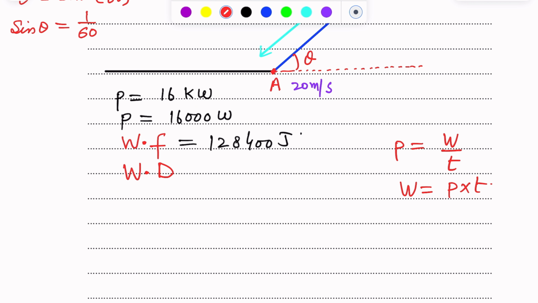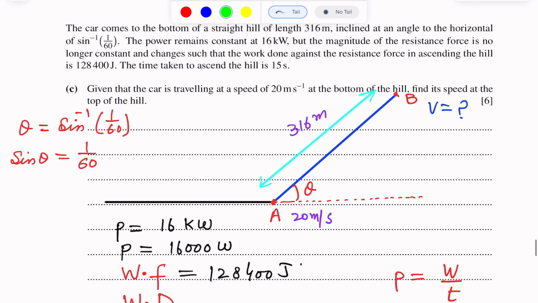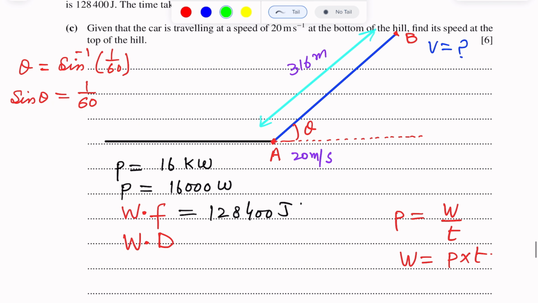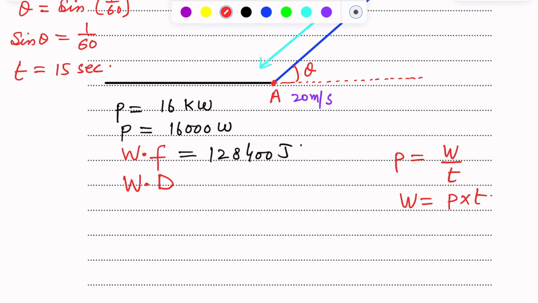The work done by driving force, using this formula, is P into T. P is 16,000 and T is given, that is 15 seconds. So the work done by driving force will be 16,000 into 15.